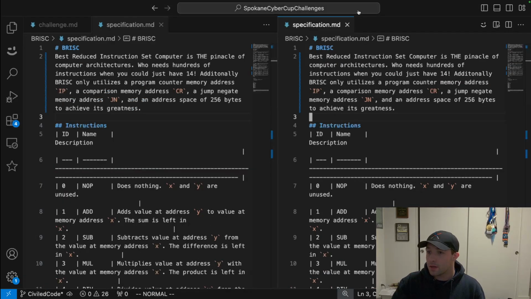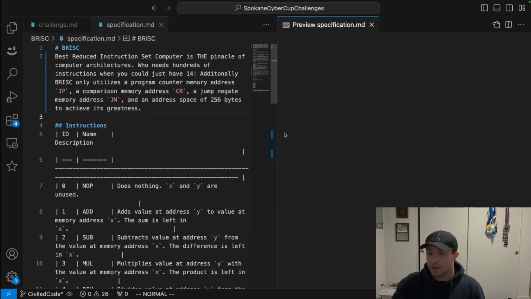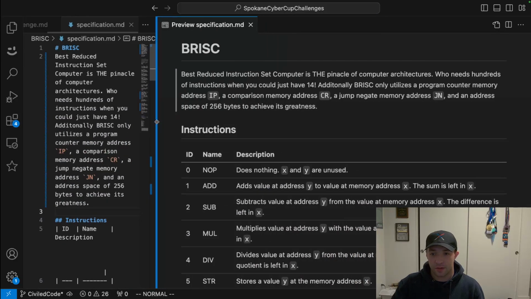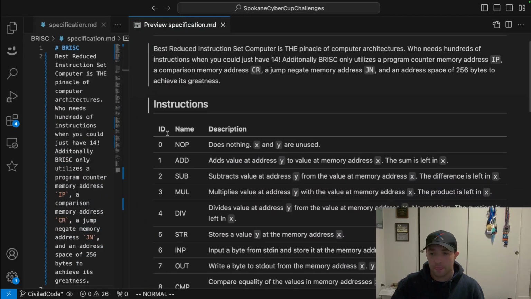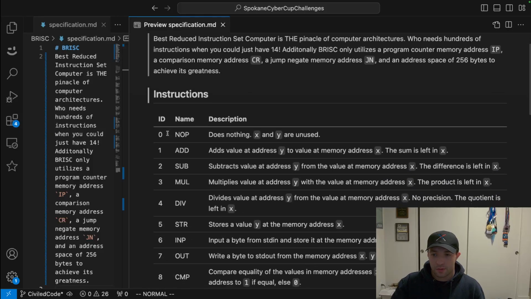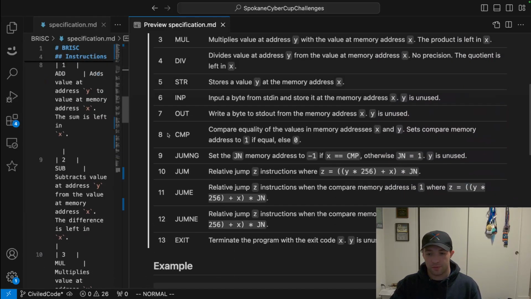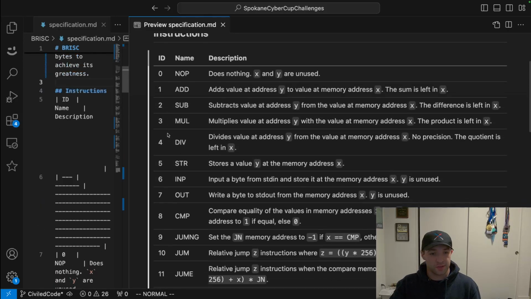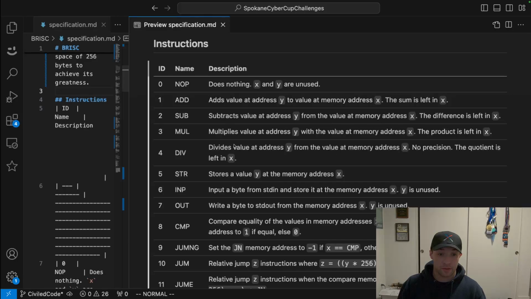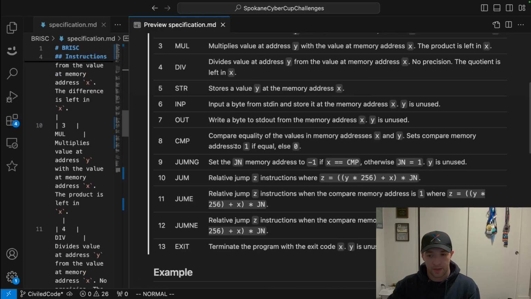Cool. So if we can get this rendered in Markdown, we can see it a lot better here. So each one of these instructions is all there is. There's only 13 instructions, which really isn't that many. So we have two key concepts, though. We have the instruction, and then we have the X and the Y that are being used.